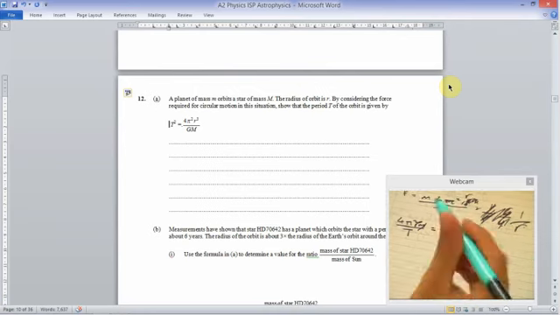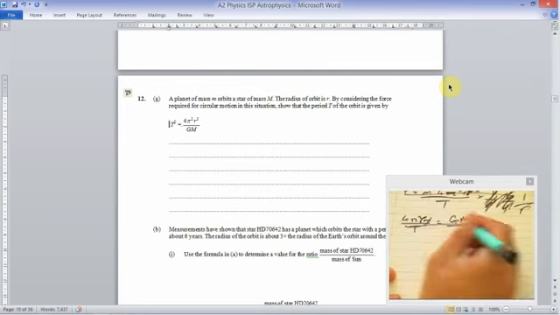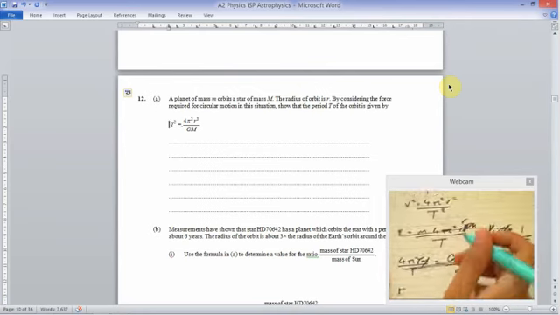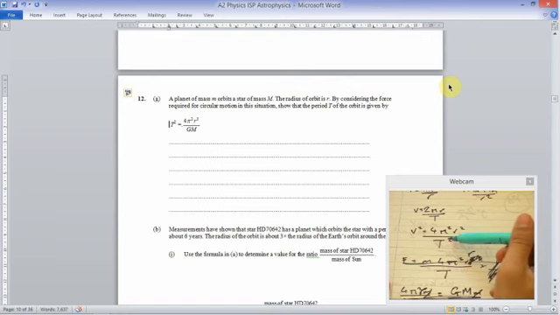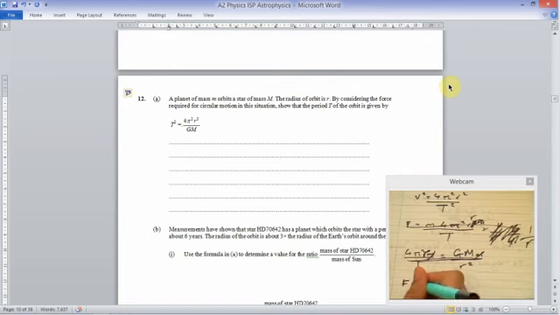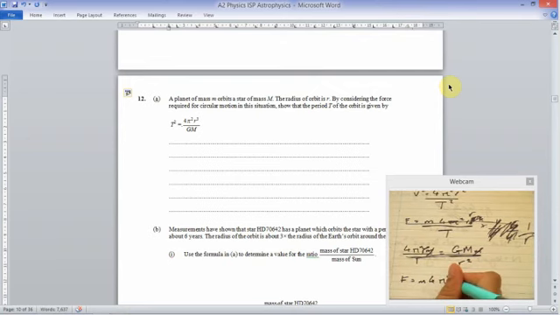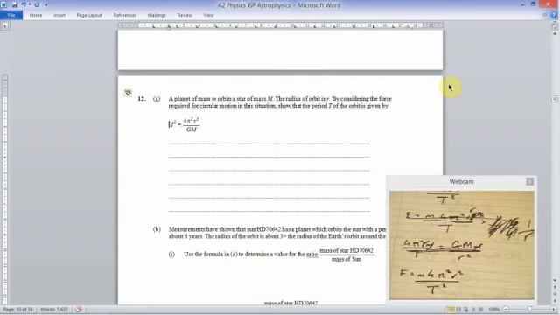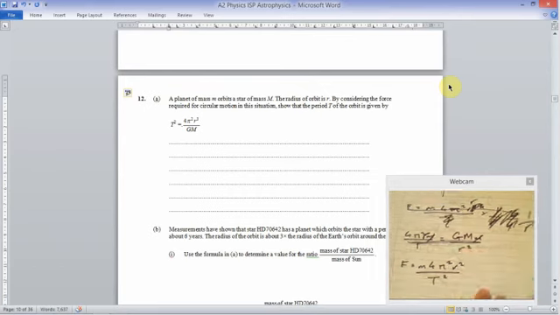So let me just go through the last part of that again. So I substitute that into here. So I end up with F is equal to m 4 pi squared R squared over T squared. Yeah, so I missed out my t squared there as well, I just saw that.